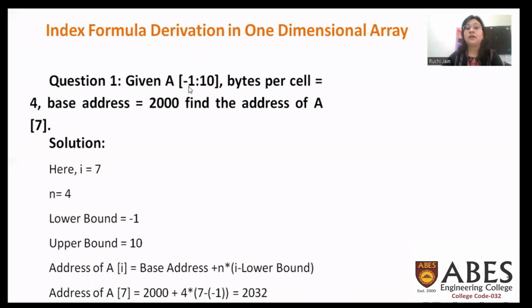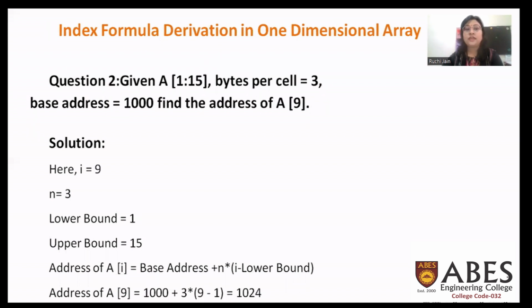Now we consider one example where the lower bound is a positive value. That means both the lower bound and upper bound are positive values. The question is given A equals 1 colon 15, where the lower bound is 1, upper bound is 15, bytes per cell equals 3, base address is 1000. You have to find the address of A9.